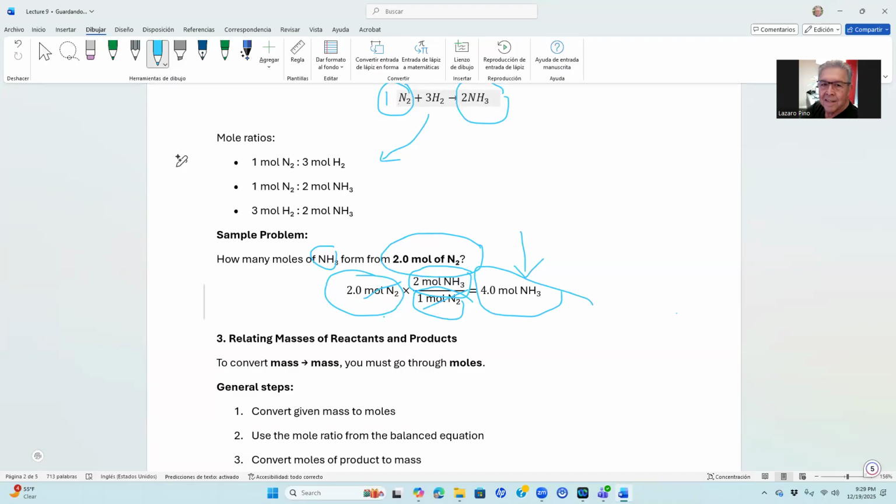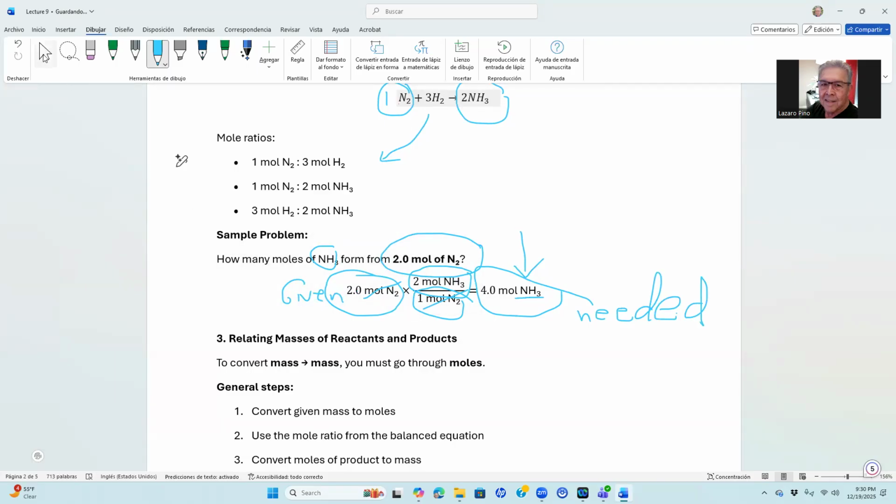Then always you have to know what is given and what you need. What is needed? Needed: moles of ammonia. Given: moles of dinitrogen.